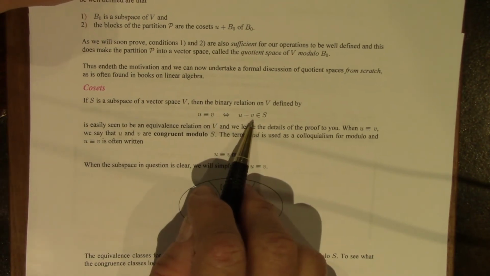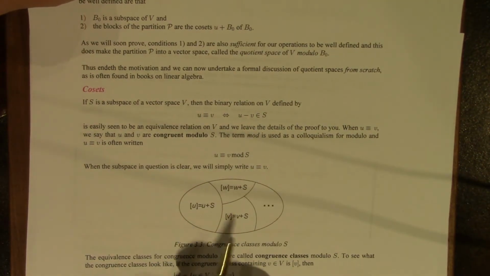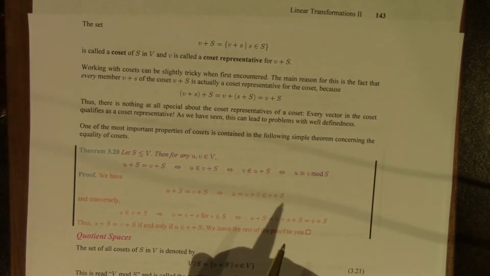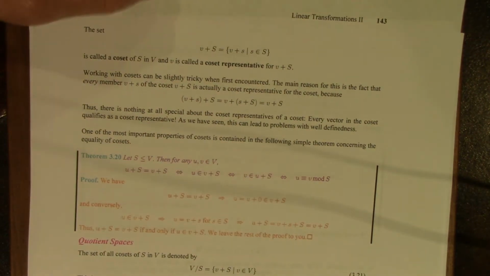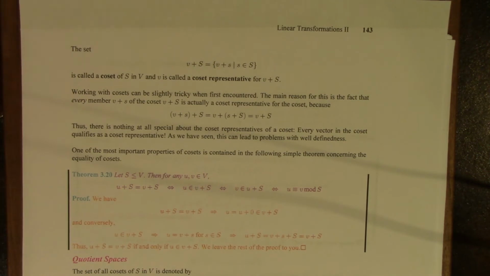I wonder what the partition looks like into equivalence classes, and we discover it's the cosets of S. And we have yet to prove that the vector space operations, the block addition and scalar multiplication, do form a vector space. We'll get to that.